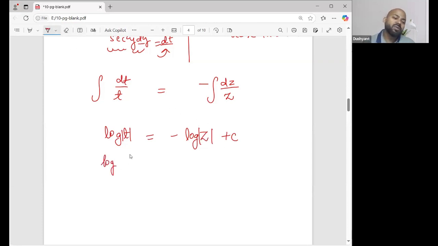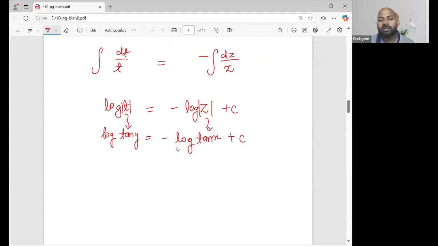Replace the t and z with what we have taken. t was tan y, and the negative of log of tan x, since z was tan x. So I replaced again, and then let's solve this.